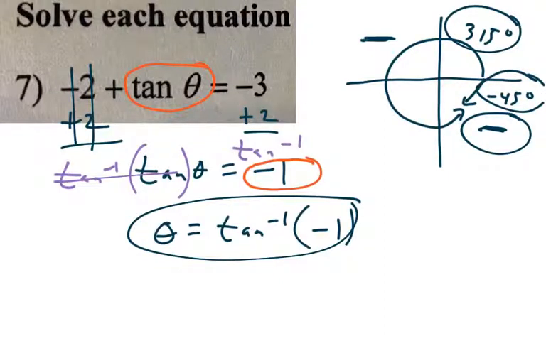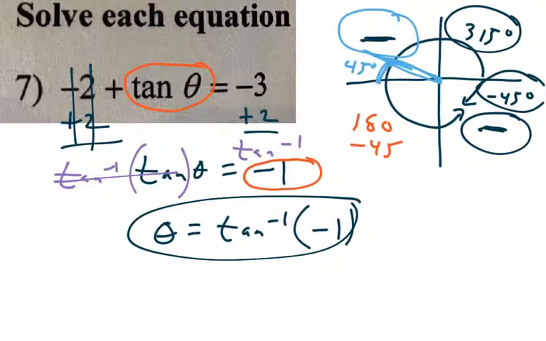Now where else is it negative? In quadrant 2 up here. So all you have to do is think, okay guys, if I have a 45 here, what angle would that be? Let's take 180 minus 45, and we get 135 degrees, because from here, following the red, to here is 135, which is equivalent to a 45 degree reference angle into the second quadrant.